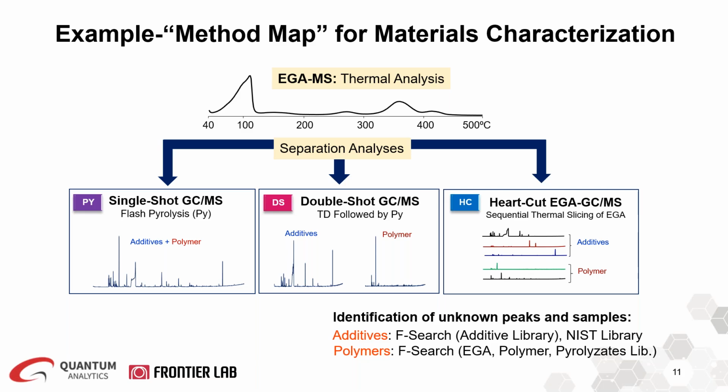So instead of having all those first 3 peaks of additive in one chromatogram, just like a double shot, as I just mentioned, with hard cutting, you can now thermally slice your EGA into individual temperature zones. I would say one will be from 40 to 120, and then 120 to 200, 200 to 300, and that way you're only getting the GCMS chromatograms for those compounds that are evolving from those specific temperature zones.